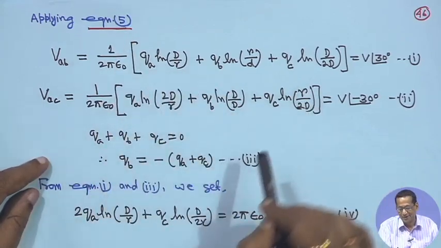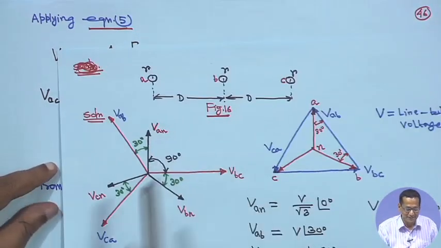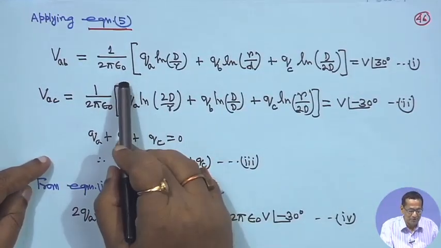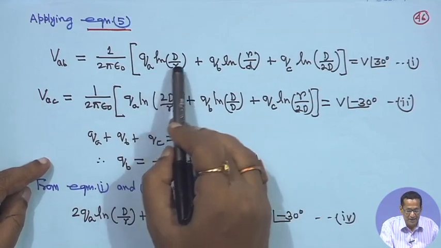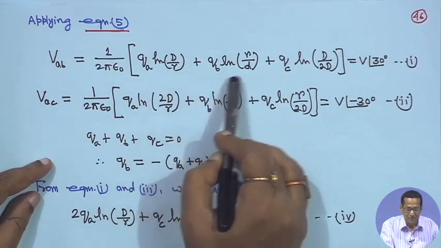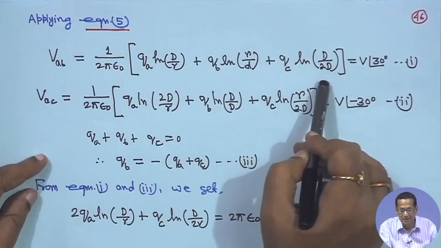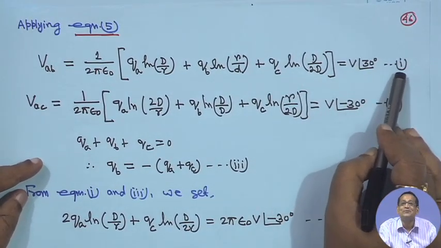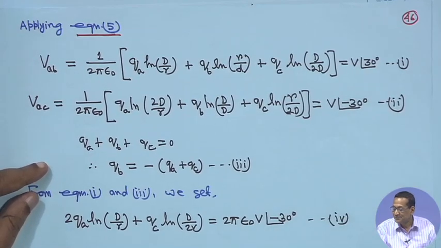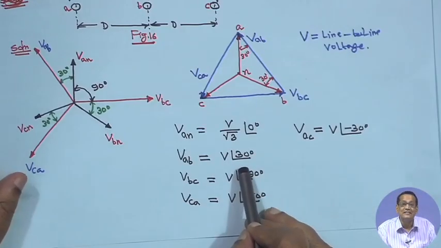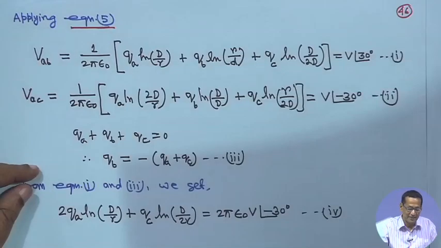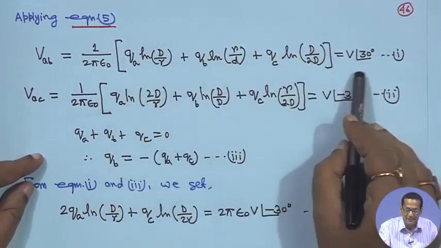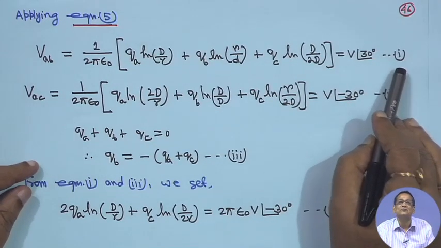Just to see this configuration and you apply, so it will be 1 upon 2 pi epsilon 0 QA ln d upon r plus QB ln r upon d plus QC ln d upon 2d is equal to V angle 30 degrees. This is equation 1, right, because VAB is equal to V angle 30 degrees.